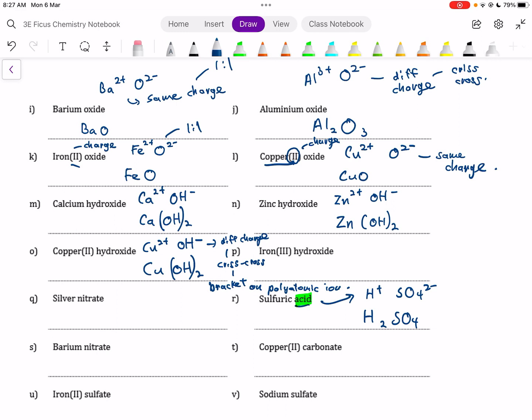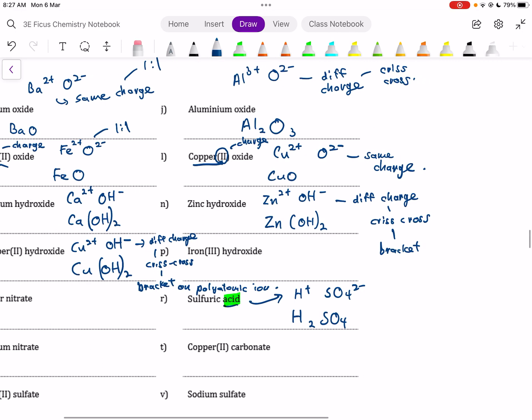Different charge in this case, so you have to do crisscross, and then bracket the polyatomic ion. If you need more than one of the polyatomic ions, you need to bracket them, when there's more than one.